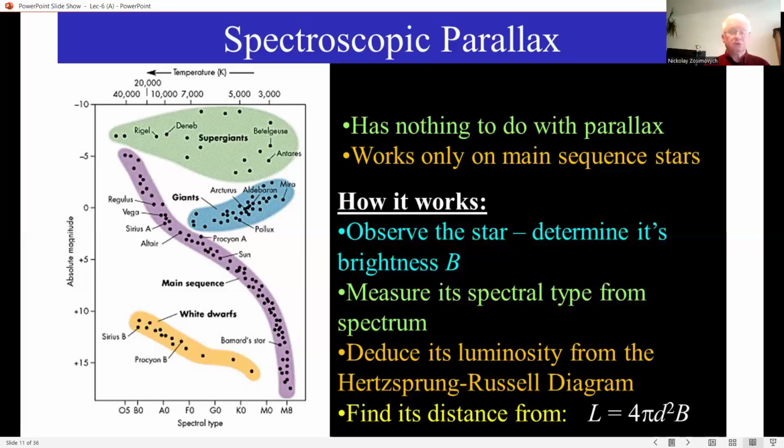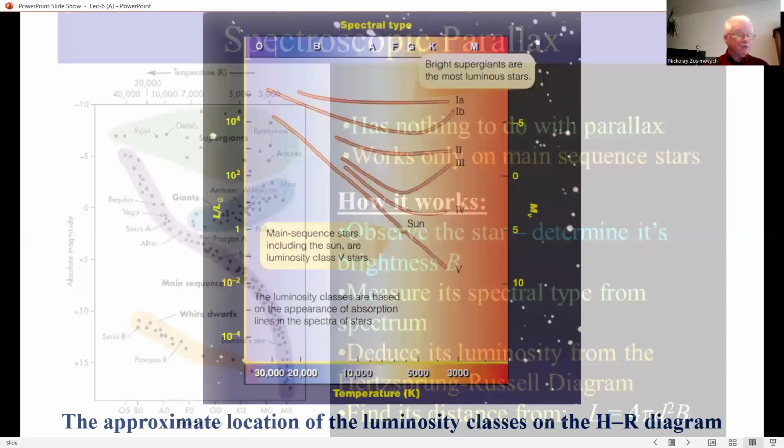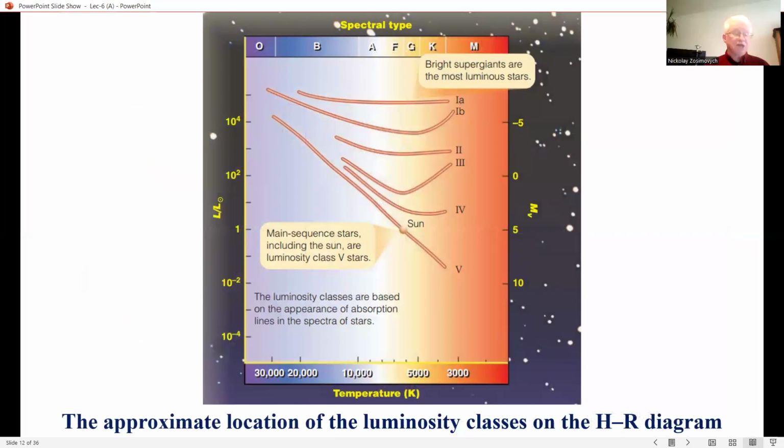and absolute magnitudes. For example, our favorite star, Betelgeuse, is classified M2 Ia, and its apparent magnitude is about 0.05.